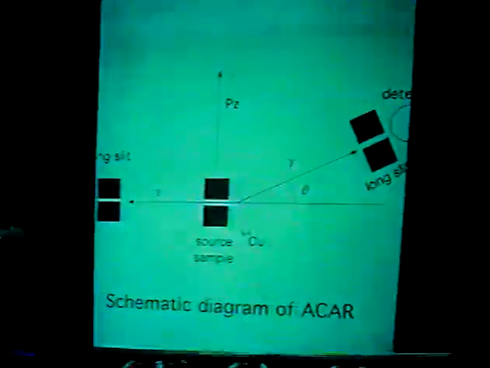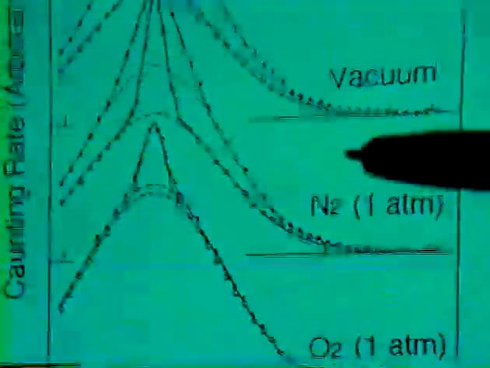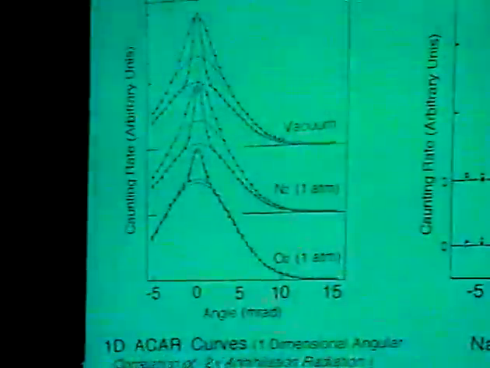In ACAR measurement, the coincidence counts are measured as a function of angle theta, the deviation from linearity of the two annihilation radiations. An ACAR spectrum maps out the momentum of the annihilating positron.